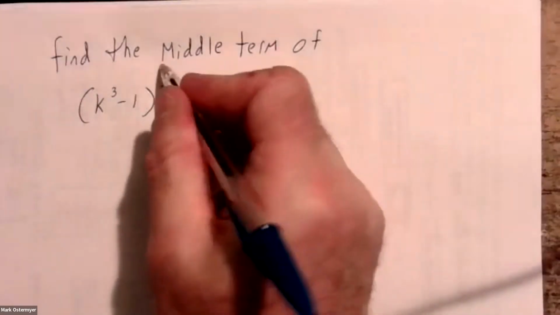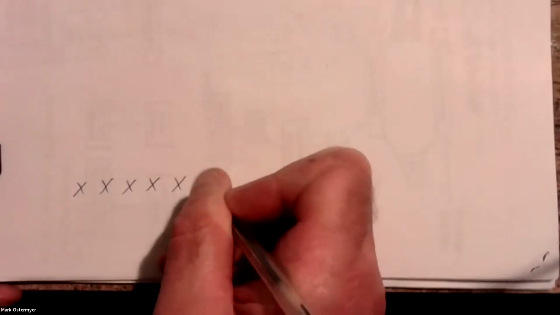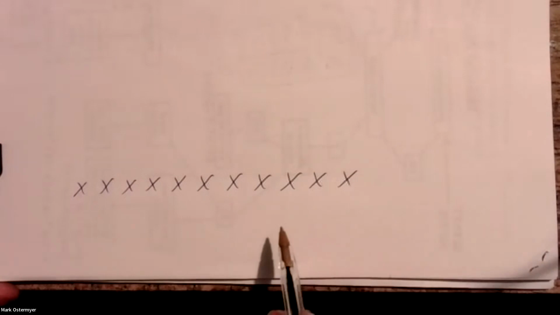Okay, so they want the middle term. So think about it. If you got 11 terms in your expansion, 1, 2, 3, 4, 5, 6, 7, 8, 9, 10, 11 terms. What's the middle term of 11 terms? Is it the sixth one?